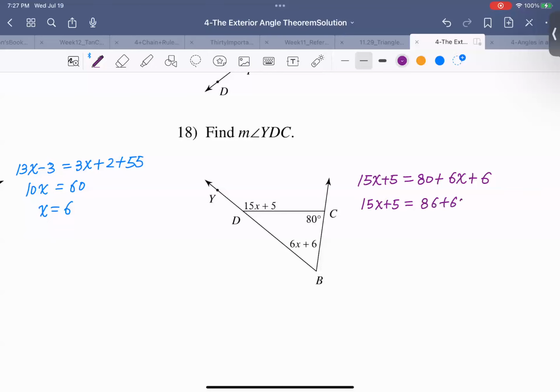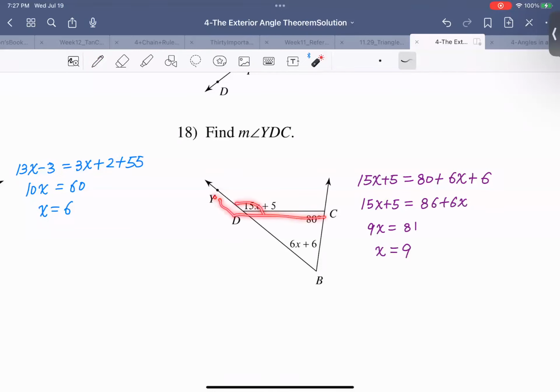You can move the 6x from both sides so 9x equals 81. Good. X will become 9.